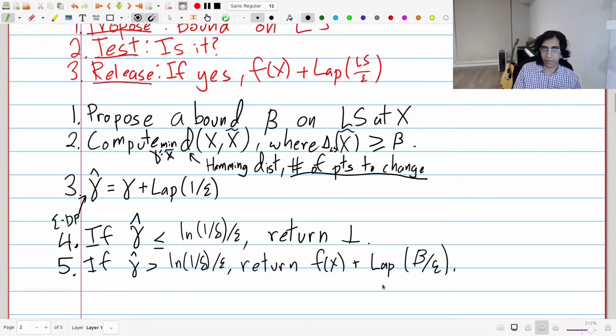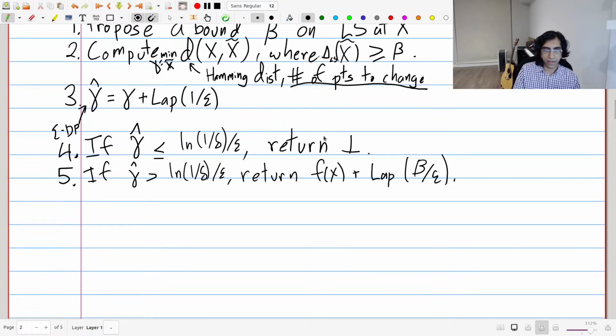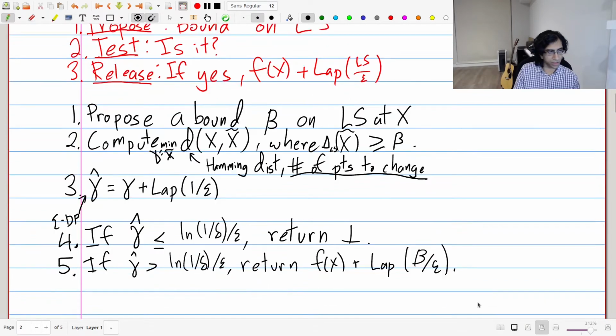In particular, you'll see that essentially what this did was it checked if this bound on the local sensitivity was good, and if so, and we're far from any data set which this bound doesn't hold for, then we can just return the statistic with noise added proportional to this. So that's the whole algorithm.